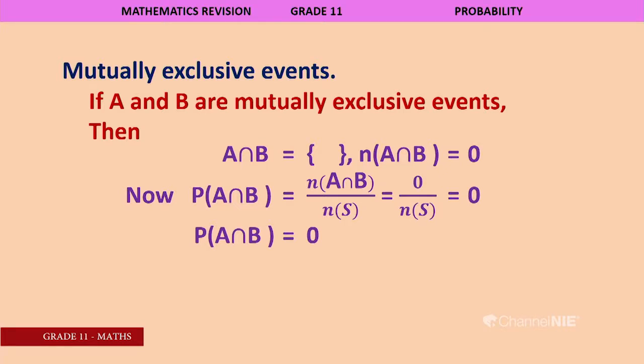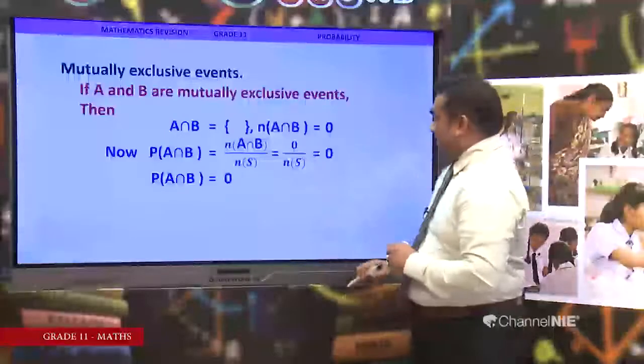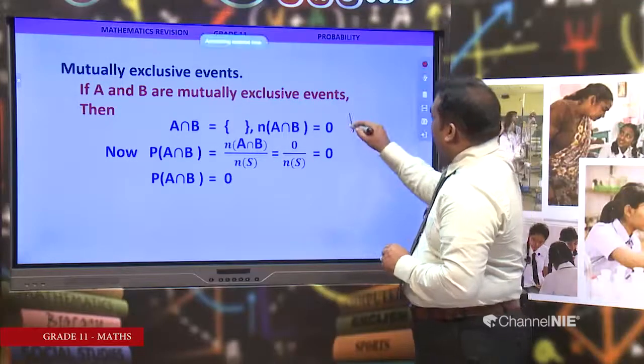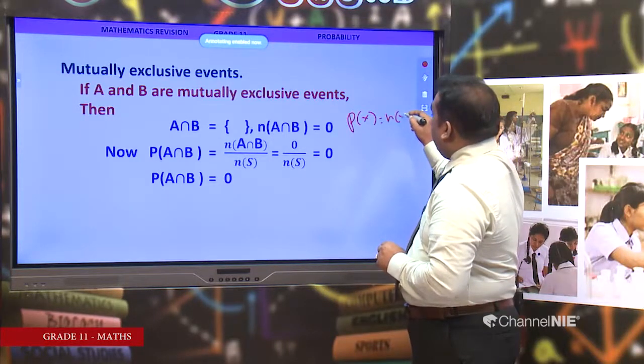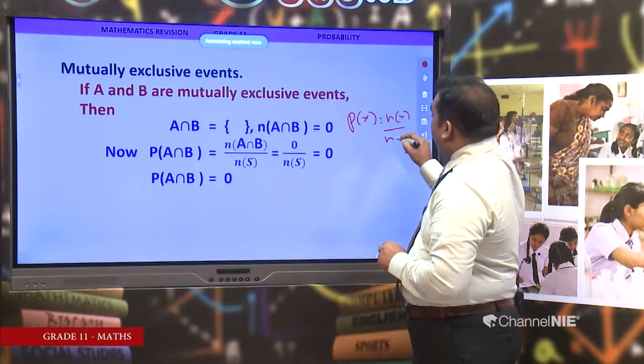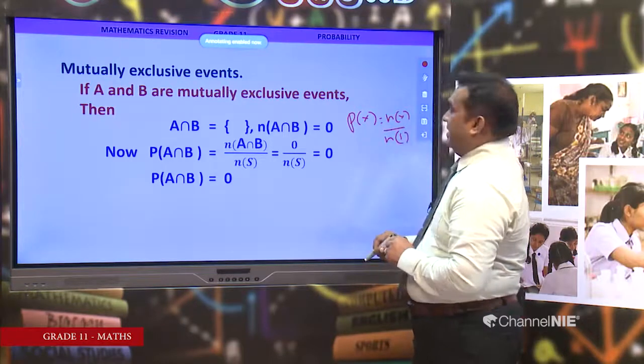Now, the theoretical definition of the probability: P(A intersection B) equals N(A intersection B) over N(S). Can you remember the pattern? Here, if you have P(A), N(A) over N(S), right? If you have P(x), how to define it? N(x) over N(S).